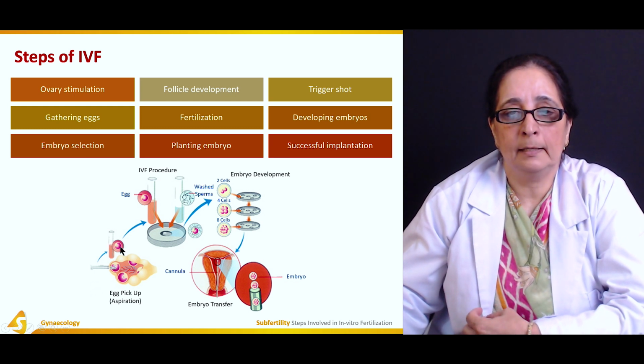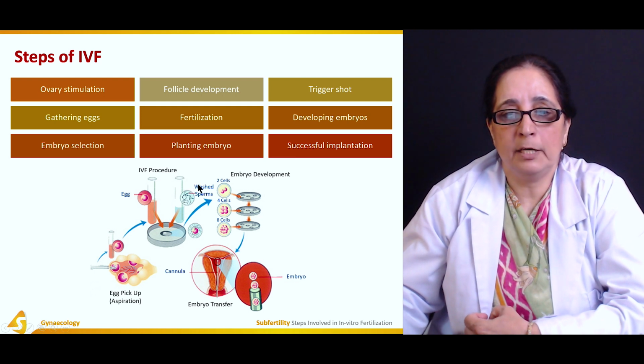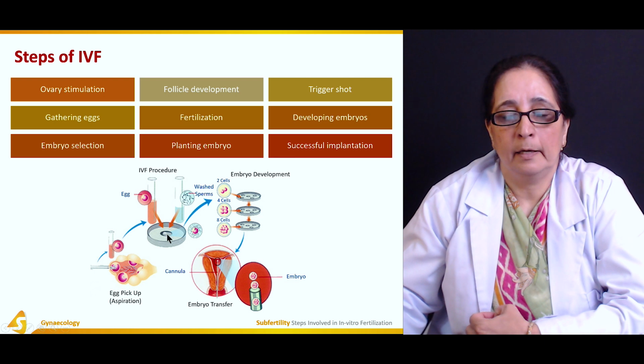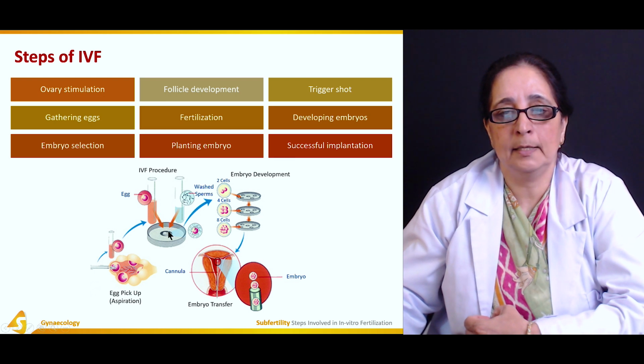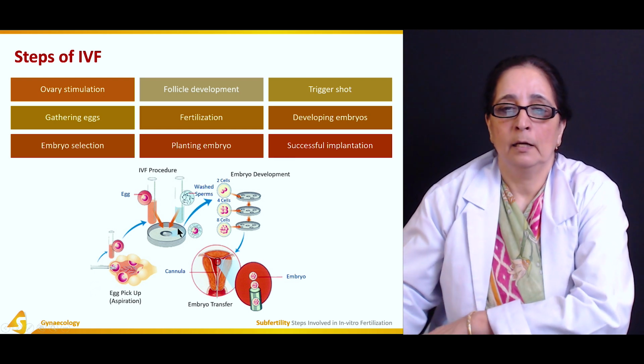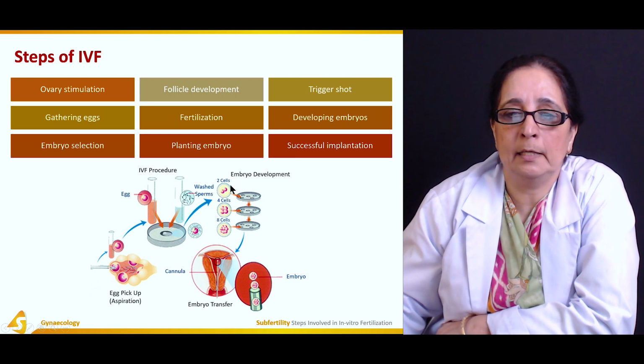Then that egg and the washed sperms are mixed together in a dish. So the egg from the female and washed sperm from the male combine together in this dish. Then in the development of the embryo, first there are 2 cells, then 4 cells, then 8 cells.